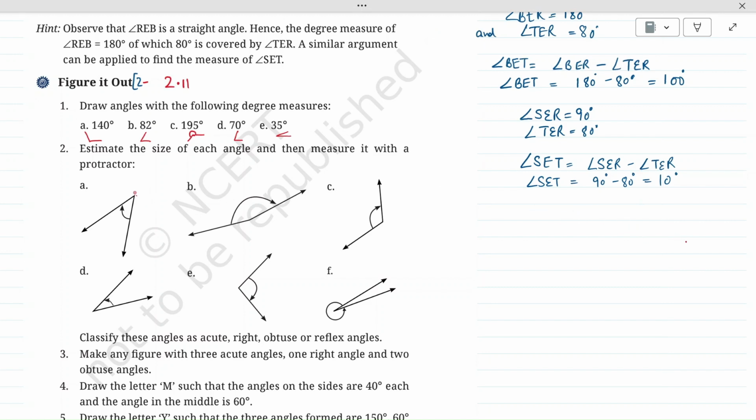I am marking it as a vertex. We have to keep the center of the protractor here and one arm of the angle in line with the base of the protractor, and then find the other. If I mark it as OAB, O at the vertex, OA at the base, then we can see what this angle is. So kids, this angle will come to around 45 degrees.